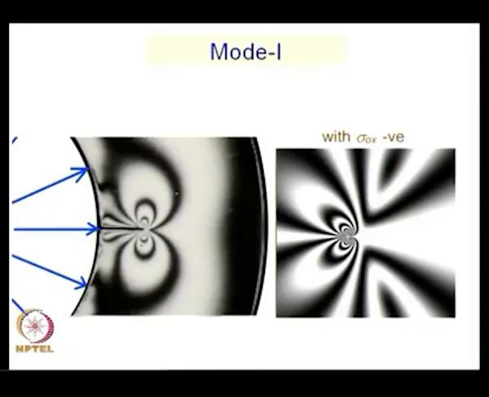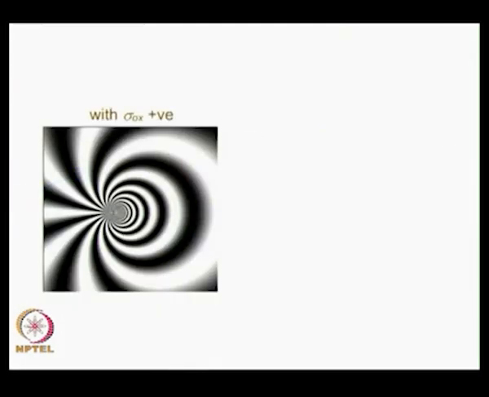Now, you may say you have shown only photoelastic fringe patterns where we see such a drastic change because of the sign change, show us one more simulated fringe pattern, whether it shows any significant change or not. So, what we will do is take up isopatchics.